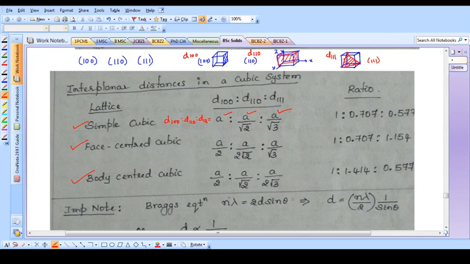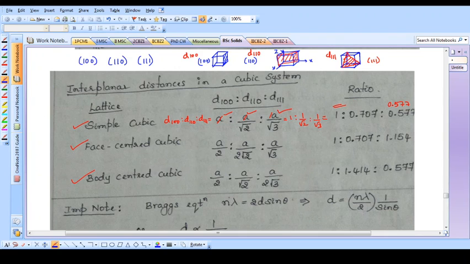Since a is common in all the ratios, we can cancel it. So it is nothing but 1 to 1 by root 2 to 1 by root 3. If you simplify, it is 1 to 0.707 to 0.577. So you have to remember some numbers. If it is a simple cubic system, then the ratio of the distances between the 100, 110 and 111 planes is given by this.